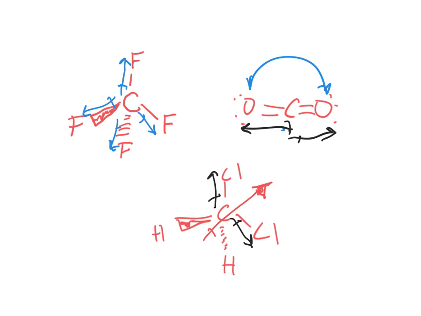There's more electron density on that half of the molecule than on the other. Anytime there's an uneven distribution, even if we looked at that first one and just changed one of these to a Cl, it would become polar, because that chlorine is more electronegative than the other three fluorines.